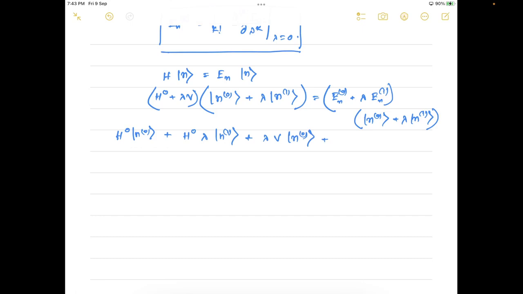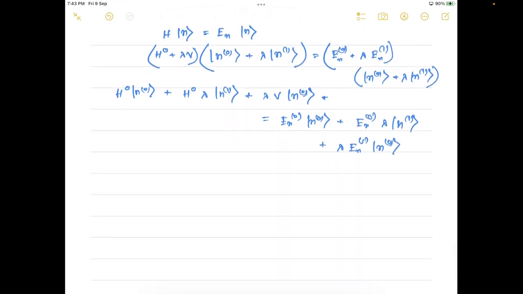We ignore the lambda squared term here because we are just retaining up to the first order, which will then be equal to En0 |n0> plus En0 lambda |n1> plus lambda times En1 |n0>.